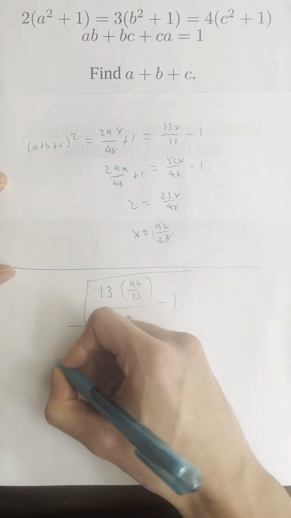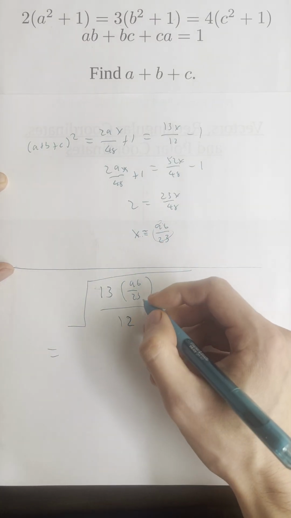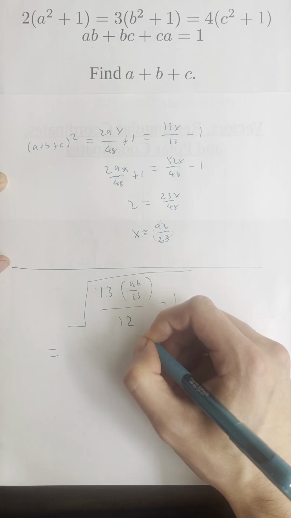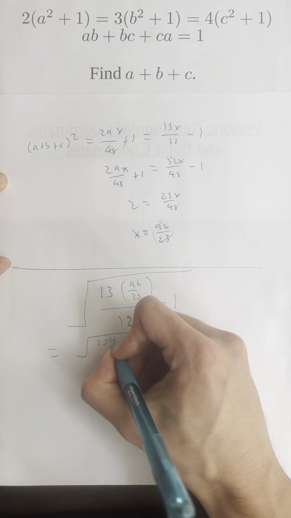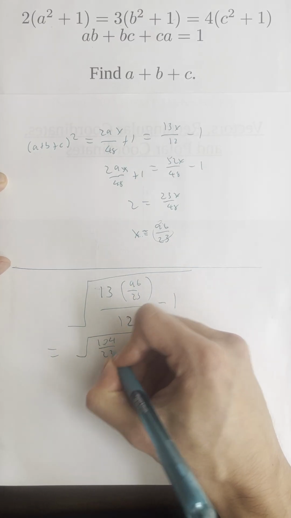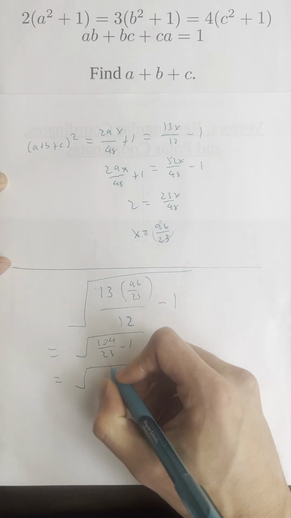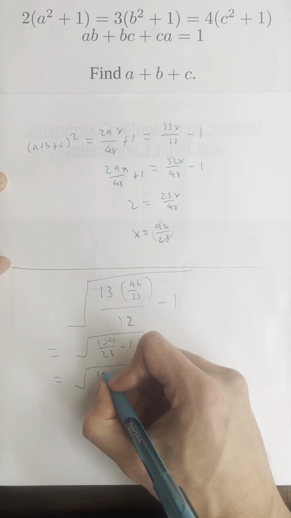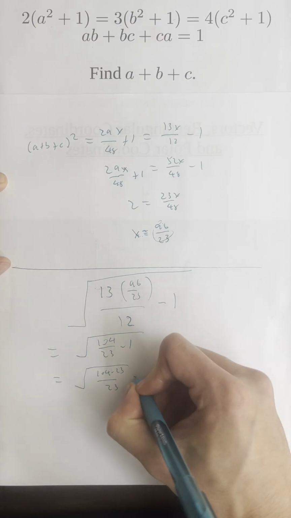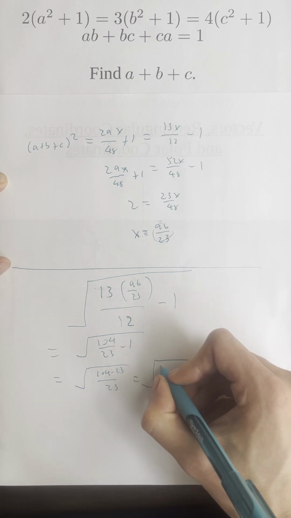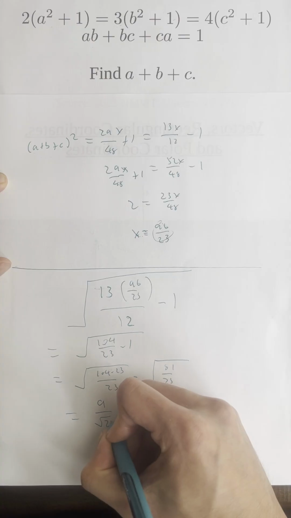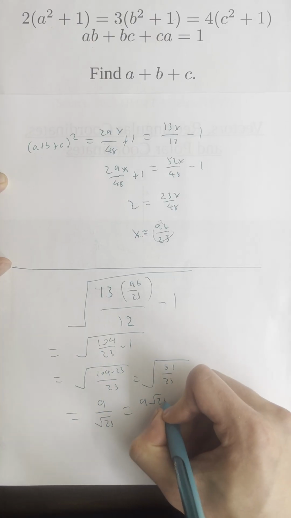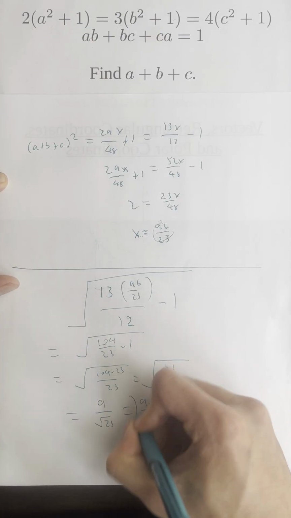This is going to be our answer, but let's simplify. 104 minus 23, 81 over 23 is equal to 9 over root 23, which is equal to 9 root 23 over 23. This is your answer.